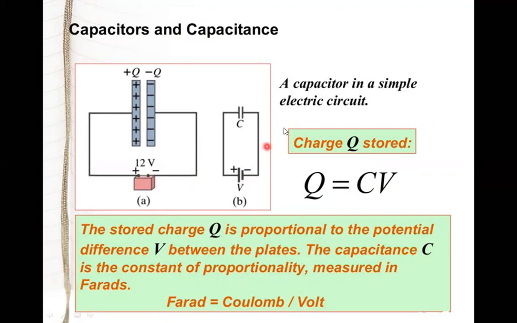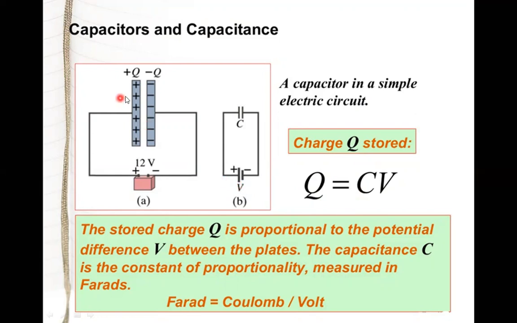How can we define the C value? A capacitor in a simple electric circuit. The electrical charge stored in a capacitor can be written as Q. This charge is the charge on the condenser, which is defined as Q equals C times the applied voltage.